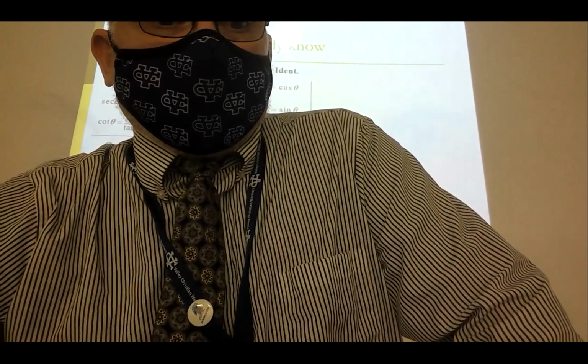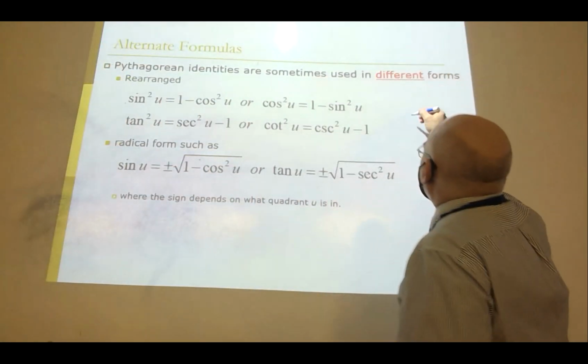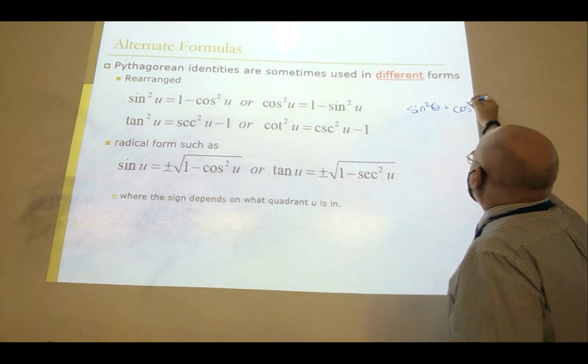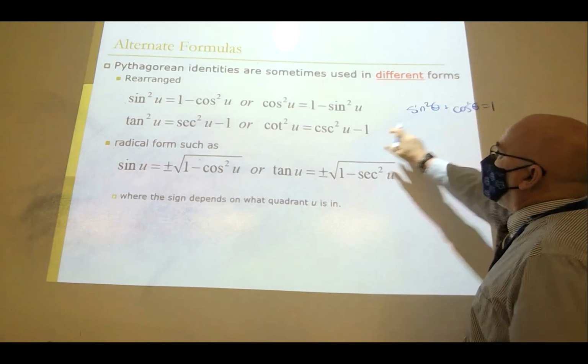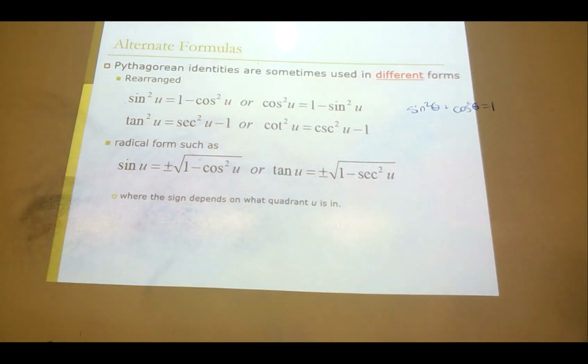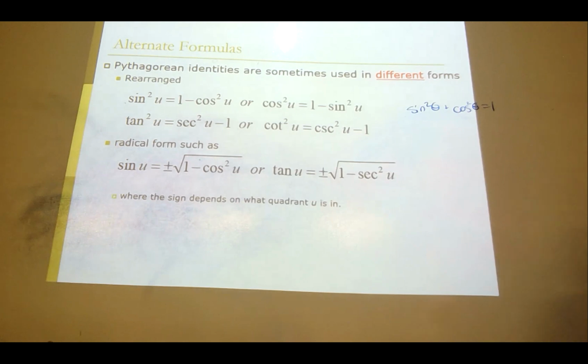So if I have sine squared theta plus cosine squared theta equals 1, here they use u. I don't know why, it could be anything. Sine squared u is equal to 1 minus cosine squared u, or cosine squared u is equal to 1 minus sine squared u, just rewriting the identity.